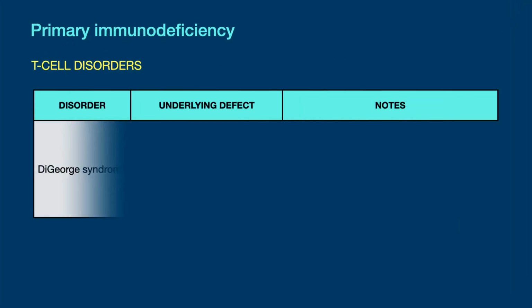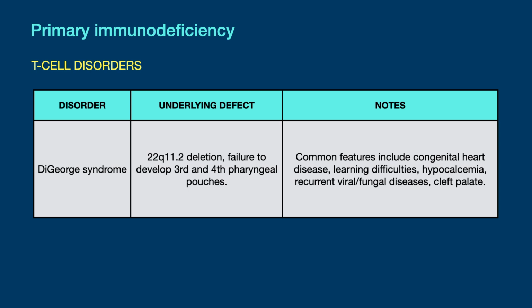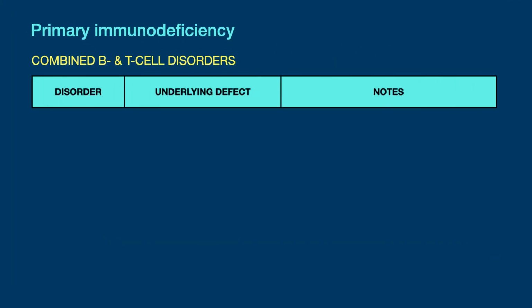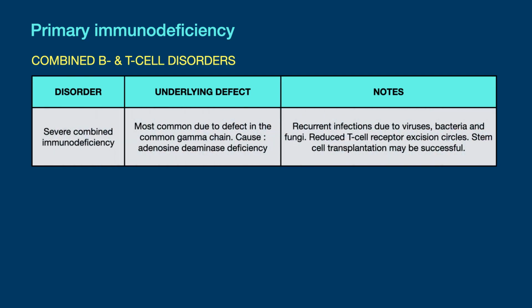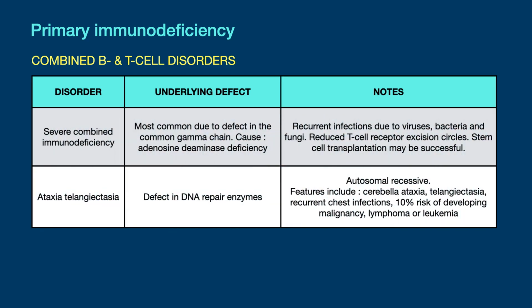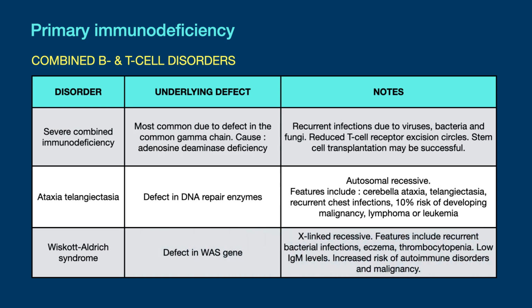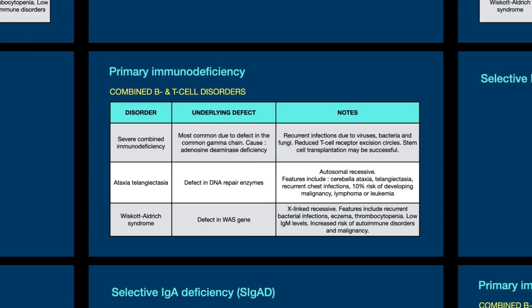T-cell disorders such as the DiGeorge syndrome with an underlying defect of 22q11.2 deletion and failure to develop the third and fourth pharyngeal pouches. Combined B and T-cell disorders: severe combined immunodeficiency, ataxia-telangiectasia, and Wiskott-Aldrich syndrome. Let's look at them individually.